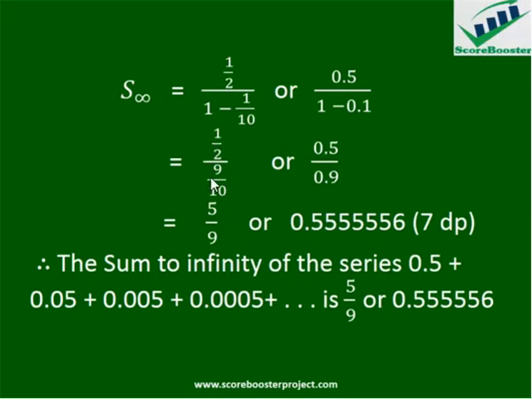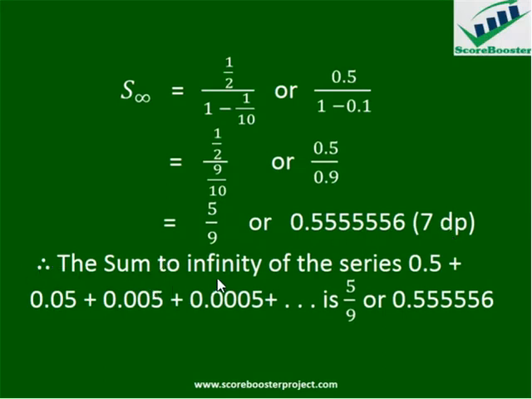So if we should evaluate this, we have 1/2 divided by 9/10, which is equals to 1/2 times 10/9. So 2 will divide 10 in 5 places. So we have 1 multiplied by 5 to get 5, and 1 multiplied by 9 to get 9. Or 0.5 divided by 0.9 we give 0.5555556 when we write it to 7 decimal places.